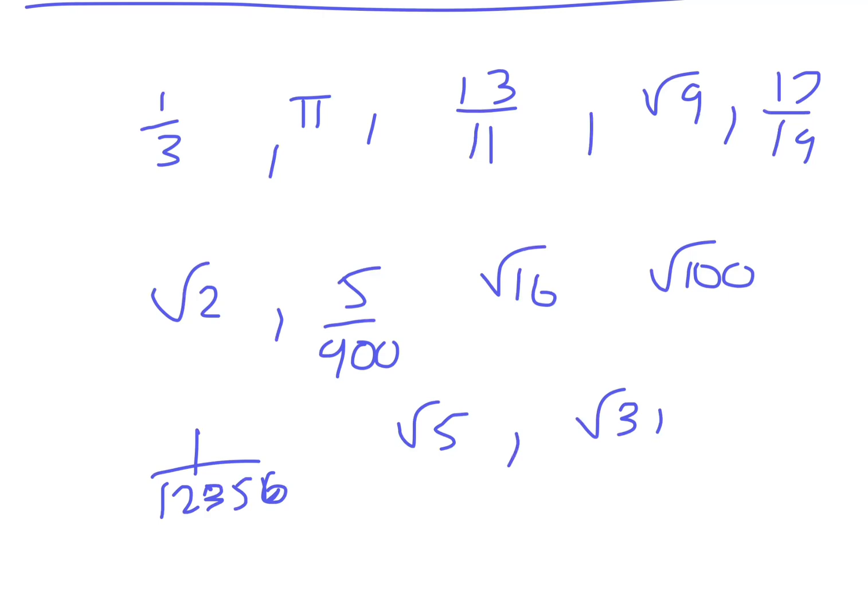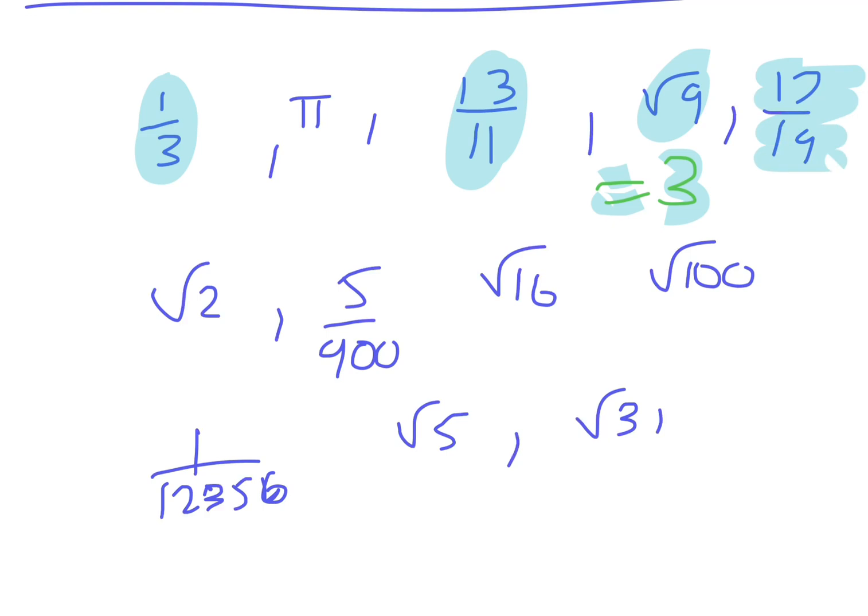So if we look at all of these, root 9 is equal to 3. You've got the 17 on 19, that's a fraction. 5 on 900, root 16 is 4, root 100 is 10, and that one is also a fraction.